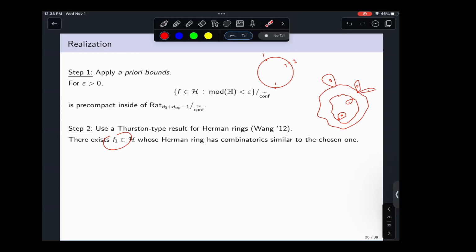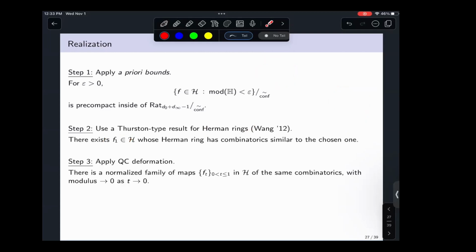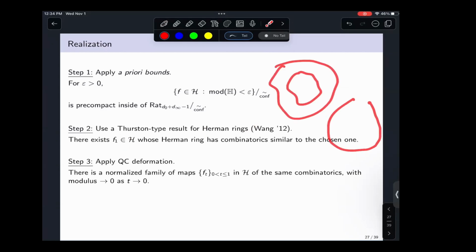And what I want to do next is I'm going to apply a deformation technique. So each of these Herman rings comes with a moduli space. It comes with a natural maximal space associated to it. And what I mean by that is that, on the Herman ring, I can basically tweak the complex structure inside a Herman ring, so that if initially the Herman ring is what it looks like, now it's going to get deformed into something even skinnier, and even skinnier.